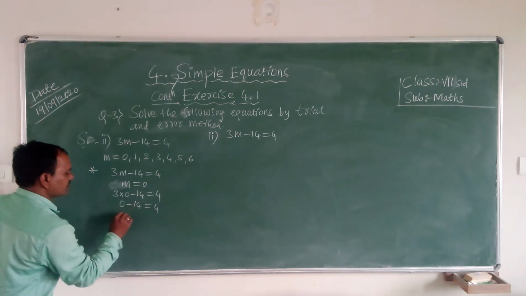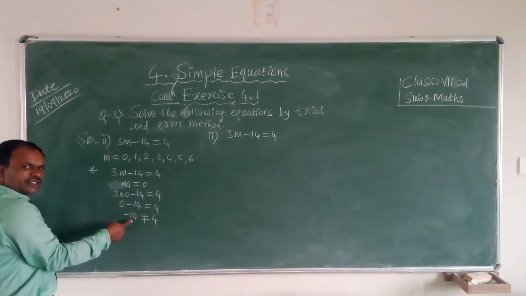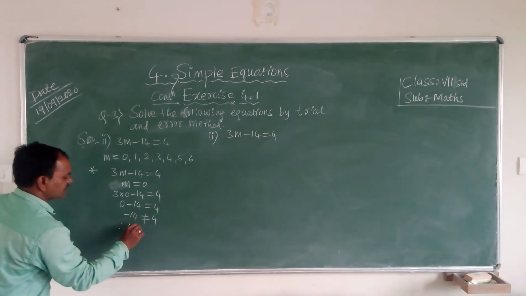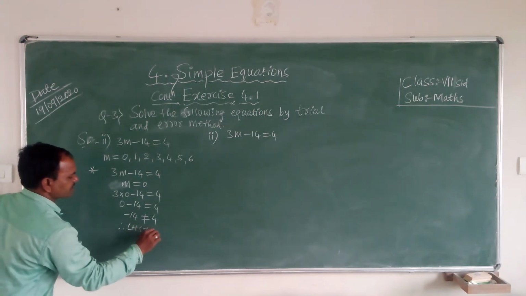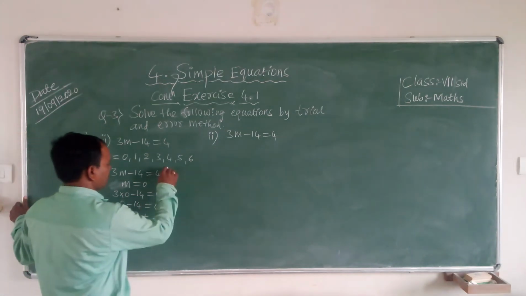So 0 minus 14, minus 14. This is not equal to 4. Here minus 14 is there, here 4 is there. Both are equal? No. So therefore LHS is not equal to RHS. This is the first trial. Trial and error. So next, second one.